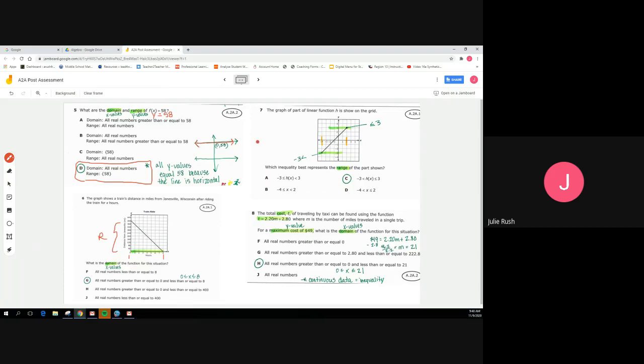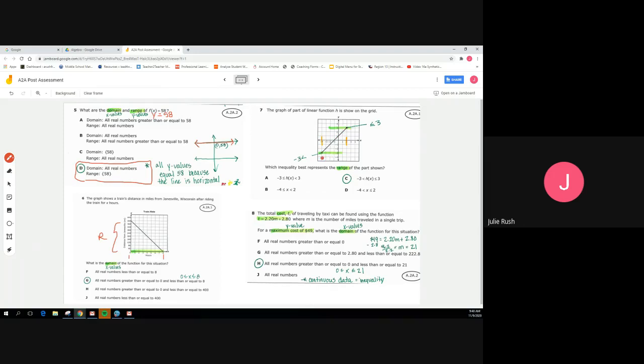Question 7, the correct answer was C. The graph of a part of a linear function is shown on the grid. Which inequality best represents the range of the part shown? So this is a piecewise function, so we just have a little linear function right here.